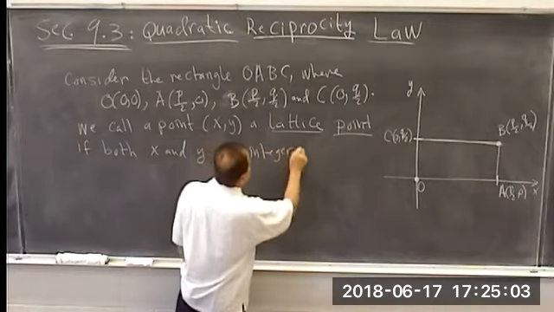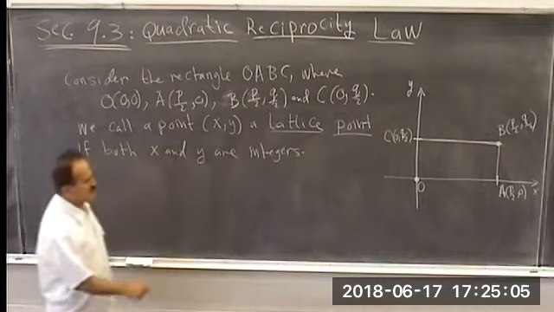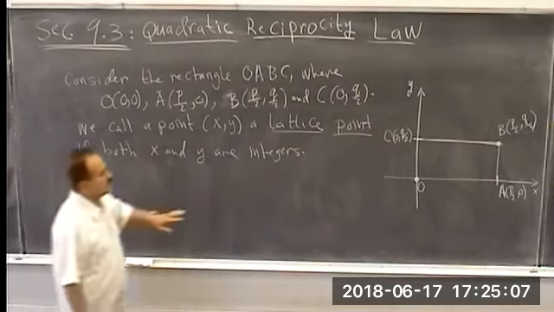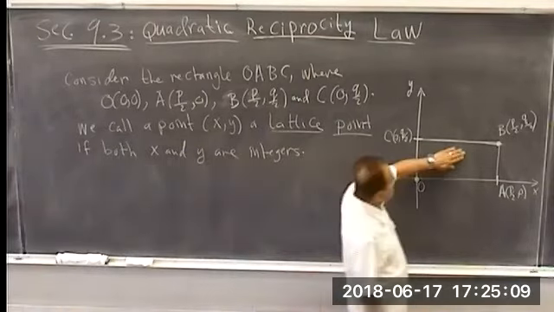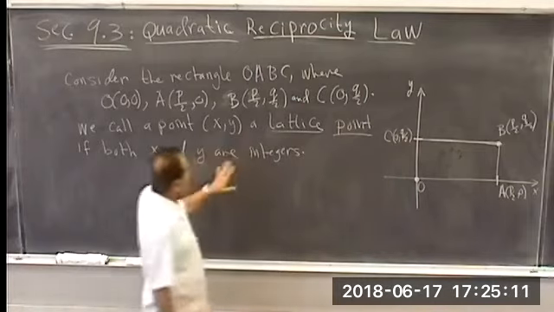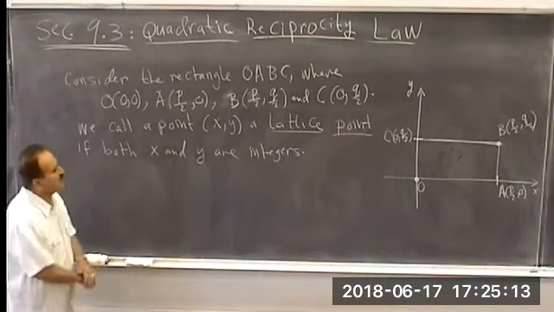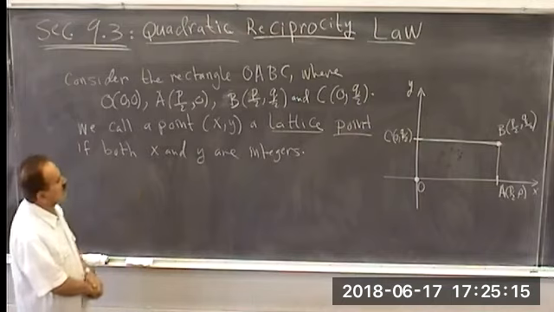Of course, in our case, they're going to be positive integers because we are interested in the points inside the rectangle. But this concept works for other types of points, which we also call lattice points.